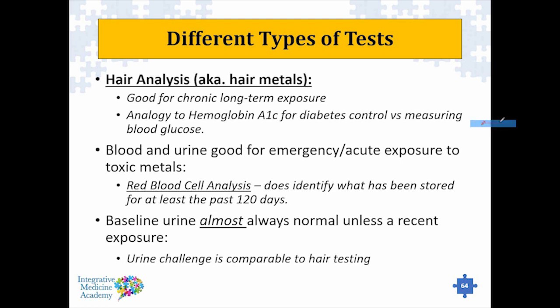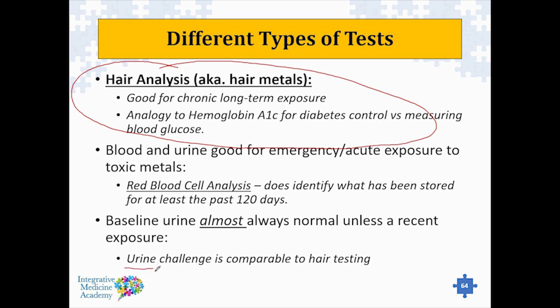So as an entry-level test, it's always been my feeling that a hair analysis is an excellent place to start. It gives an indication of exposure. It opens the door to discussion of perhaps, is it worth doing further testing, or even considering heavy metal detoxification. If you rely solely on urine testing, even just as a baseline test, you probably won't pick up on a lot of heavy metals.